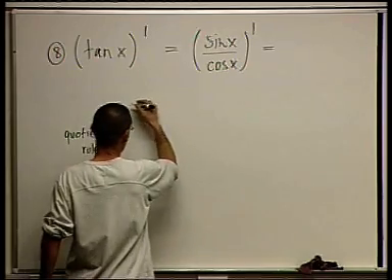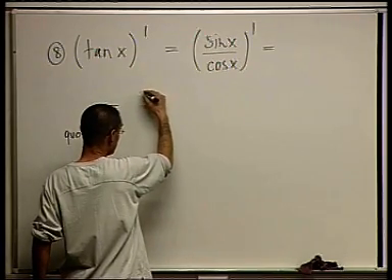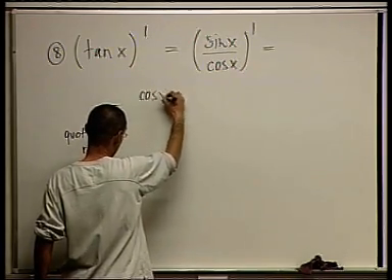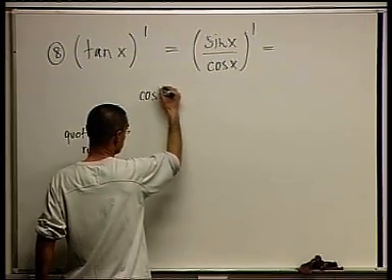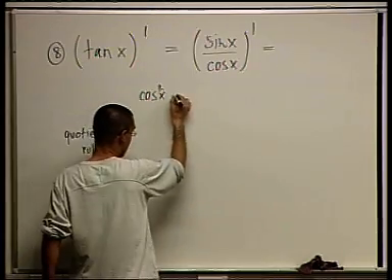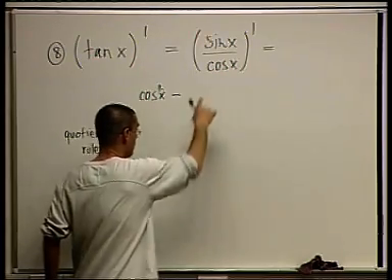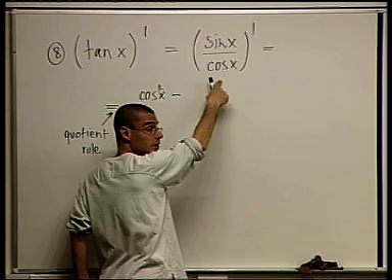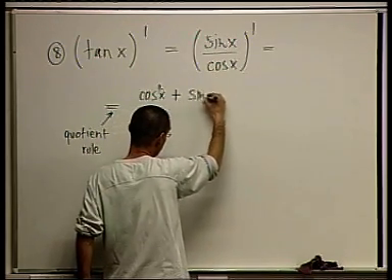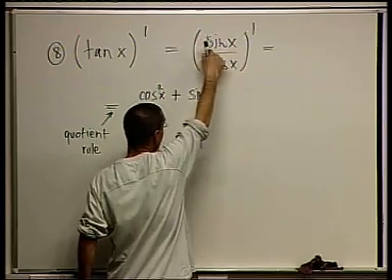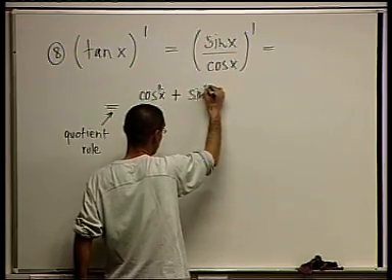So, what's the derivative of sine? Cosine. This is f prime times g, cosine squared, minus the derivative of cosine, negative sine, so it makes this into a plus, times f without the derivative.